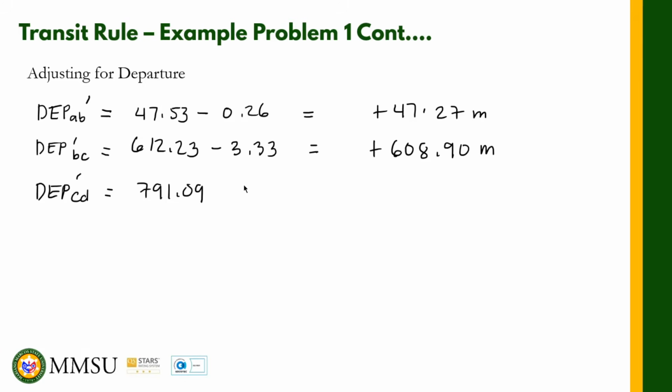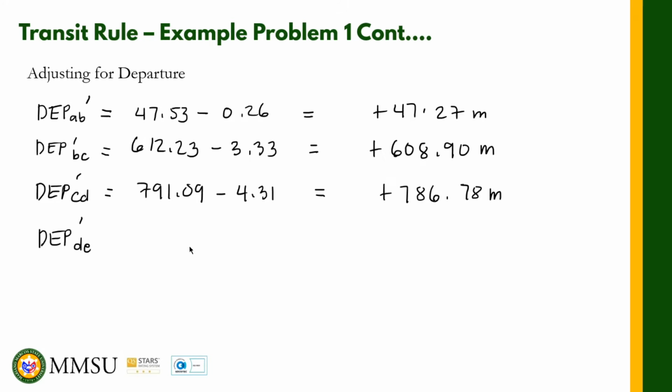We need to subtract the correction of 4.31 meters, and we should come up with positive 786.78 meters.